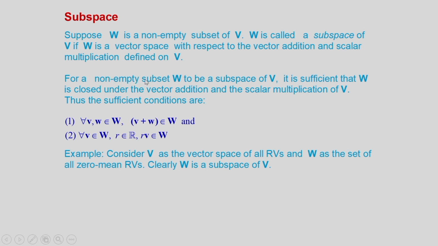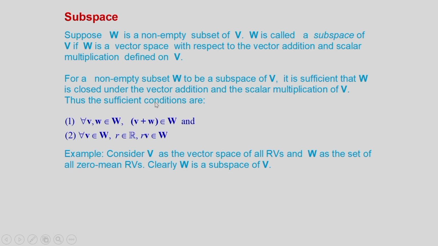For a non-empty subset W to be a subspace of V, it is sufficient that W is closed under vector addition and scalar multiplication of V.